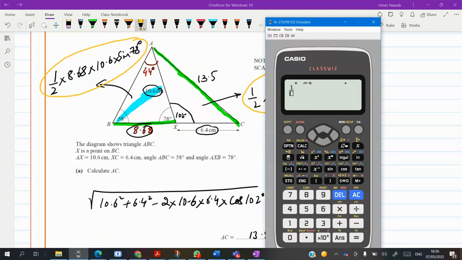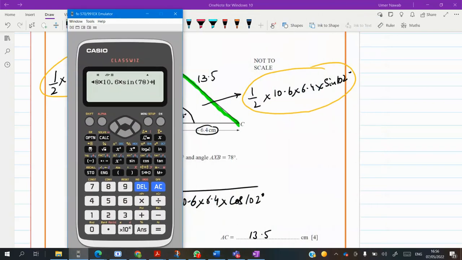So let me try to calculate half times 8.68 times 10.6 times sine of 78, plus half times 10.6 times 6.4 times sine of 102.